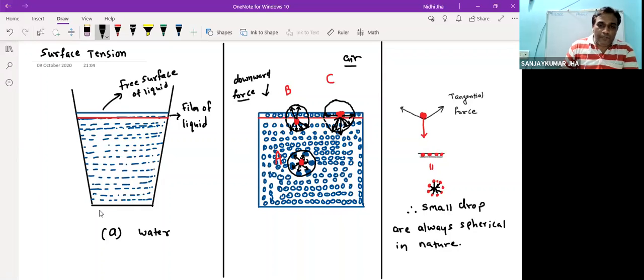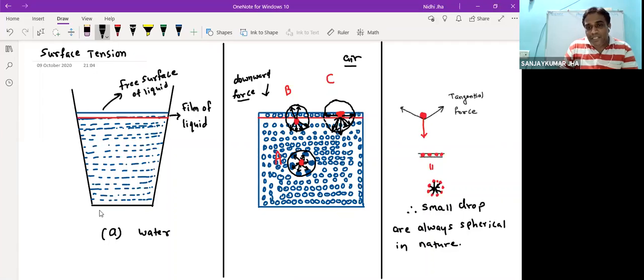If you see, molecule C is experiencing a maximum downward cohesive pull, and as it experiences this maximum pull, it always remains unstable. Therefore, to achieve stability, it exerts tangential force.